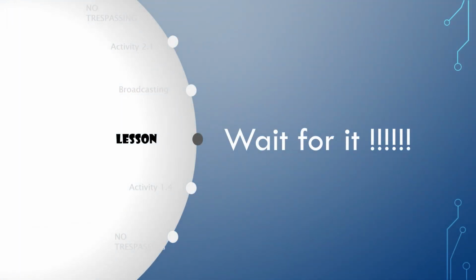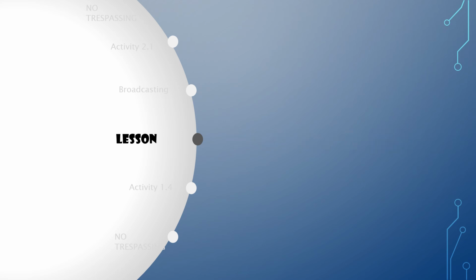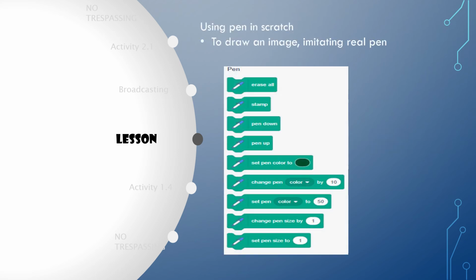Now, using pen in Scratch. To use the pen tool in Scratch, you need to go to the extension tab first. Then you're going to see the screenshot of what I have put here.